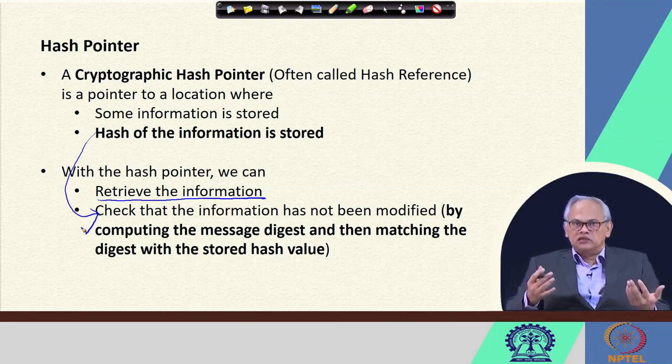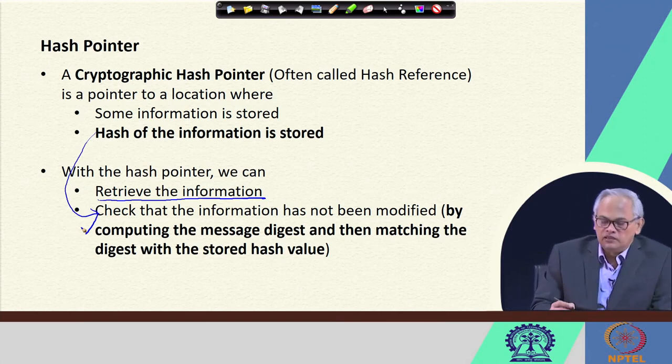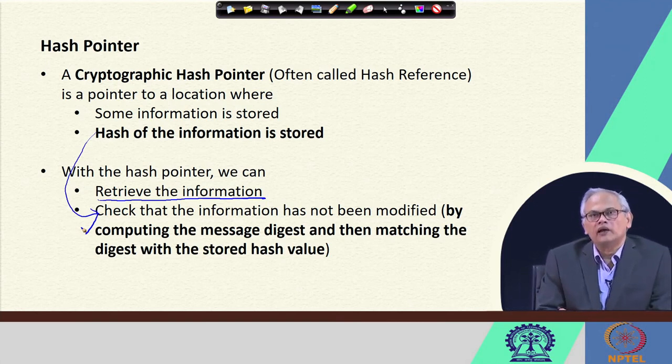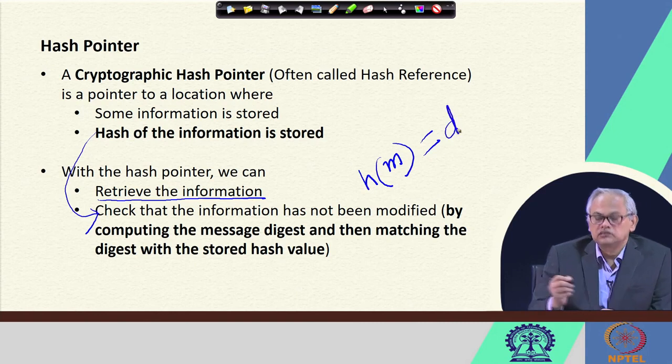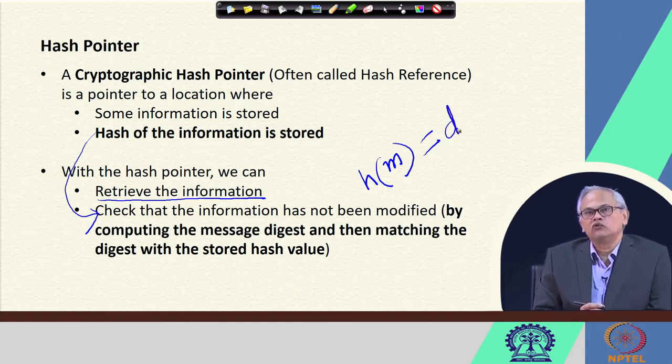So, let us give you an example. Suppose I had initially a location where I had stored information about, say, data or a message, say m. So, I had this m. What I did was that I computed its hash and I got, say, this hash value d.